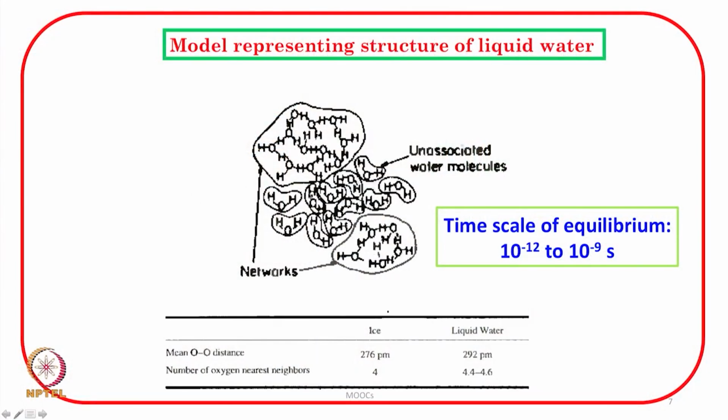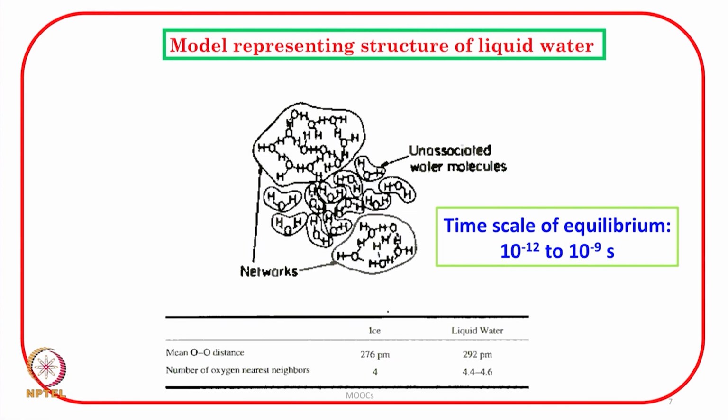And if we now go back to the slide and look at this equilibrium, any solute which will shift the equilibrium towards the regular tetrahedral network structure will increase the structure of water, and any solute which will shift the equilibrium towards the monomeric water molecules will decrease the structure of water.